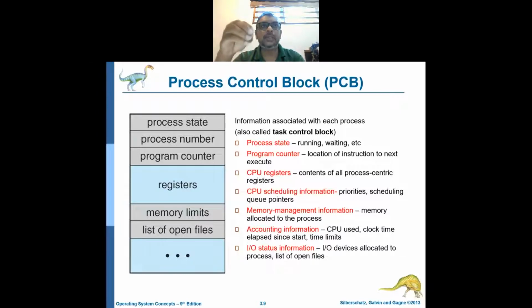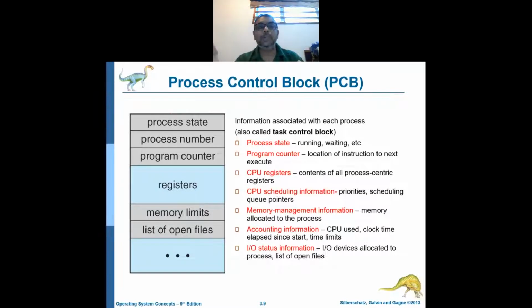Each PCB has all this info inside: the process state, program counter, CPU registers, CPU scheduling information, memory management, accounting, and input-output information. Why is this information important? It is important for the operating system to know what kind of process it is, what kind of files it needs, and what the current state of this process is.